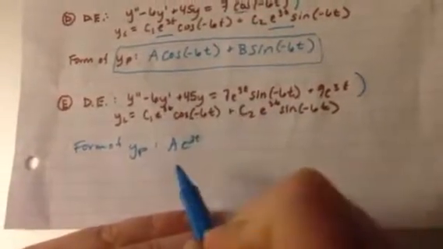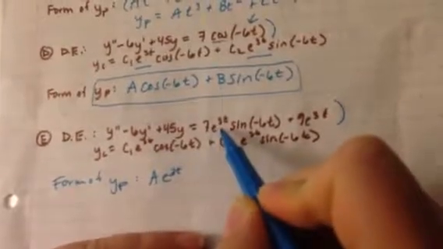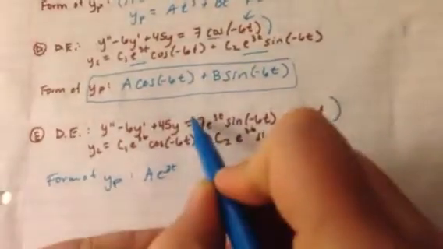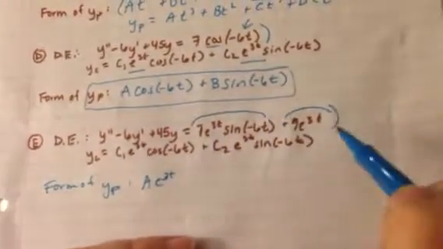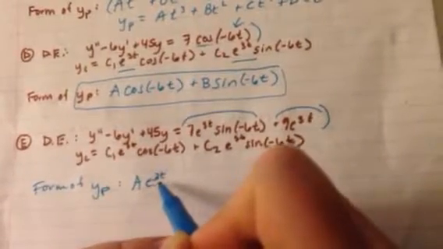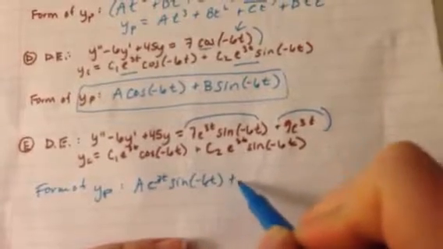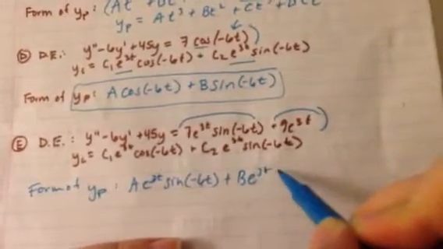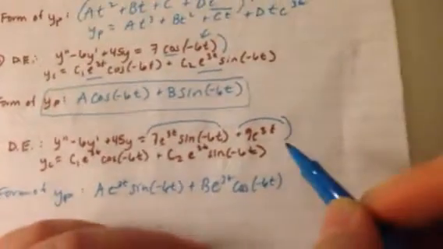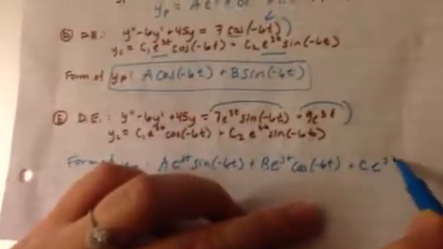Okay, so if we take a look at part E of this problem, our g of t is 7e to the 3t sine of negative 6t plus 9e to the 3t. So there's two parts that we need to get the form of. For the first one, it's going to be a e to the 3t sine negative 6t plus b e to the 3t cosine negative 6t. And then for the last part, it's just going to be plus c e to the 3t.